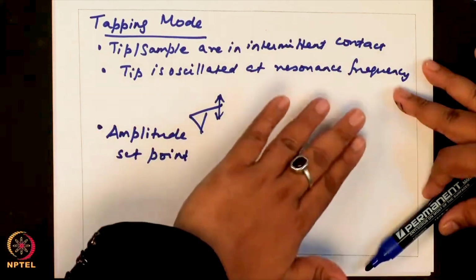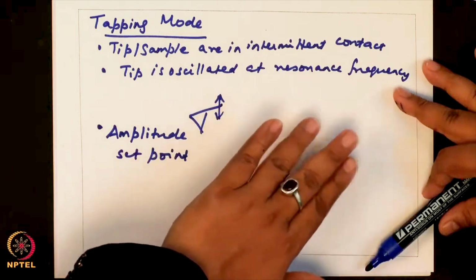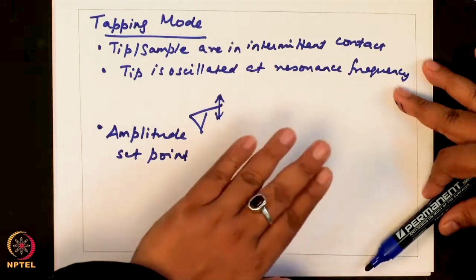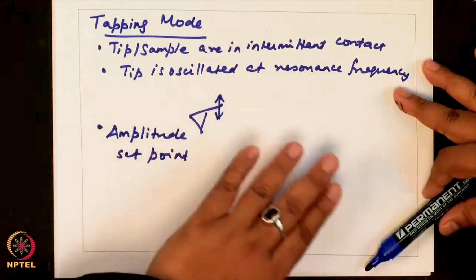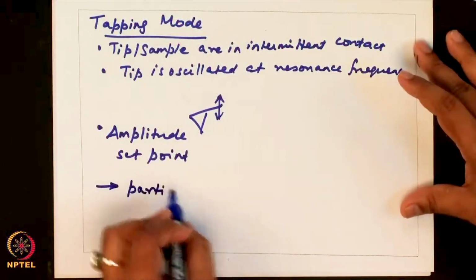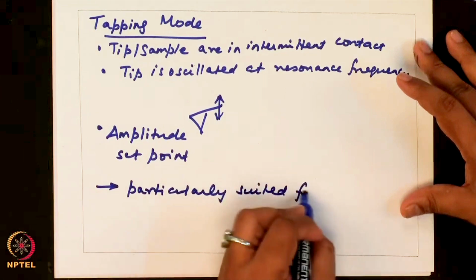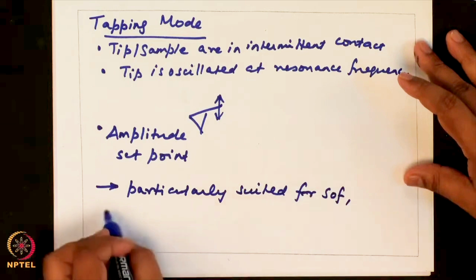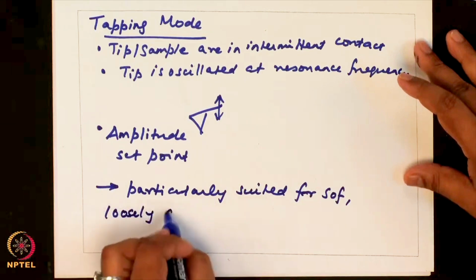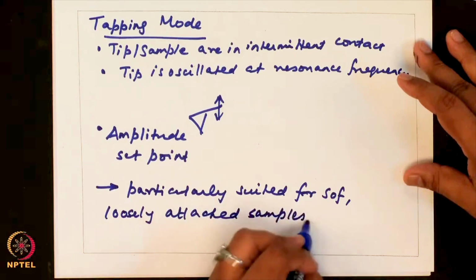So, amplitude set point allows the tip to be positioned at a certain height from the sample, such that every once in a while the tip is touching the surface, but at the same time it is not exerting any lateral force which might detach the soft sample. Okay. So, this kind of mode is particularly suited for soft, loosely attached samples. Okay.